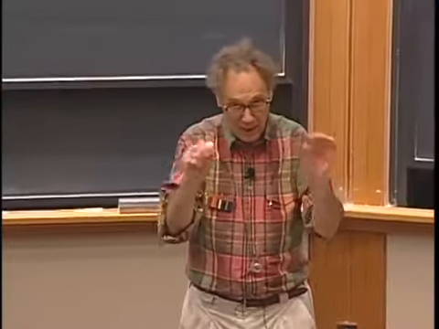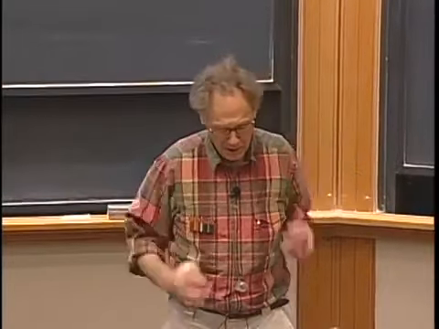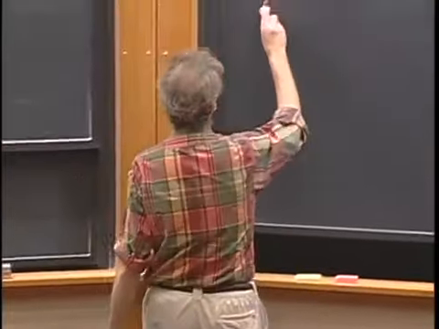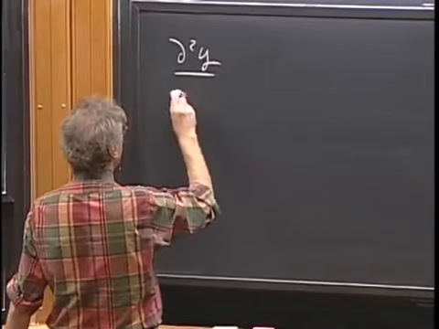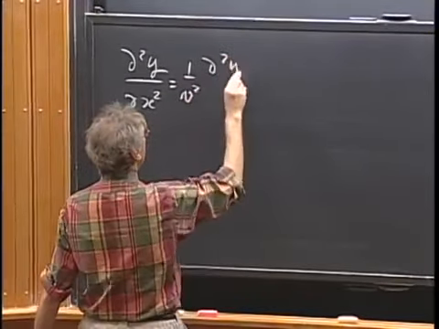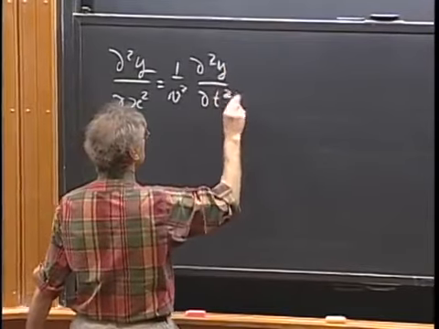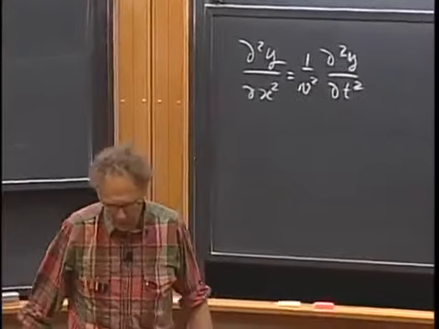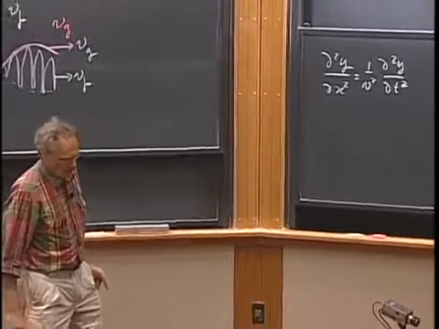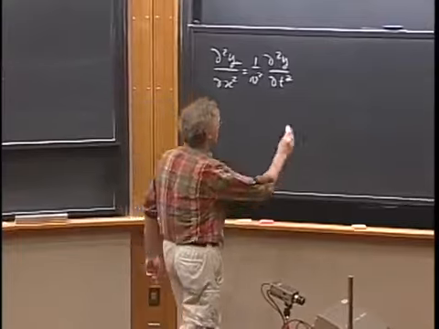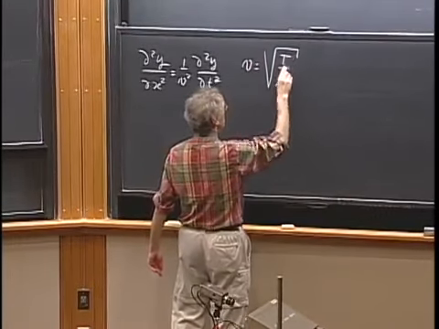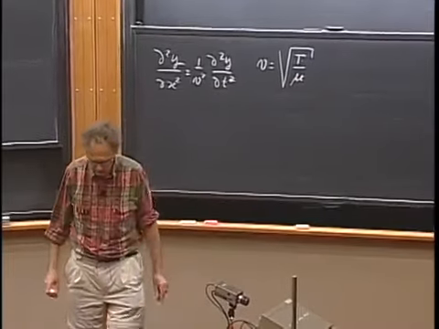So we made the wire like this, and then we had tension, and then we worked out the math, and then we found that in that case, d²y/dx² was 1 over v² times d²y/dt². And we found, by substituting the solution into the wave equation, that the speed of propagation was the square root of T divided by mu, T being the tension, mu the mass per unit length.